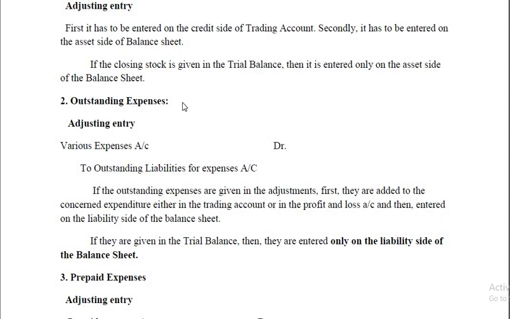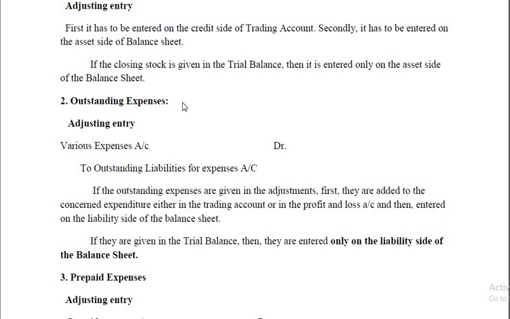How is it to be adjusted in final accounts? If outstanding expenses are given in the adjustments, it should be treated twice. First, it should be added to the concerned expenditure either in the trading account or in the profit and loss account, and then on the liability side of the balance sheet. For example, wages outstanding. Wages will come to the trading account, so it should be added to the wages account in the trading account.